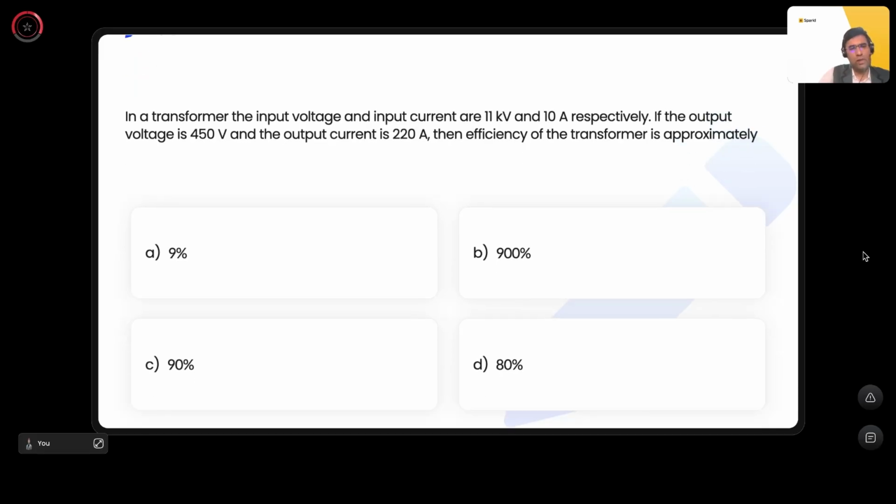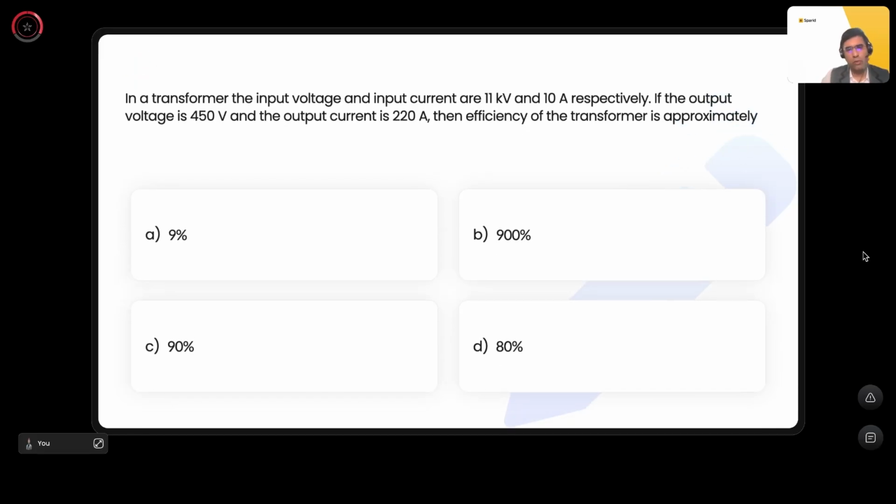If in a transformer the input voltage and the input current are VP and IP respectively, and the output voltage is VS and the output current is IS, then the efficiency. So efficiency of transformer is what? P out upon P in into 100. All right.